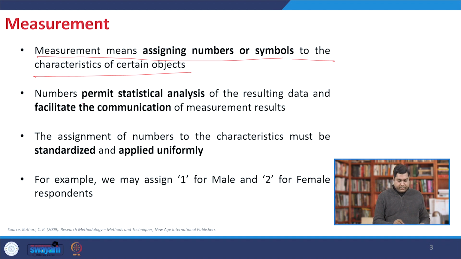Numbers permit statistical analysis of the resulting data that we collect through the survey and facilitate the communication of measurement results. The moment we measure it, say for example, if I want to measure the thermal comfort of any indoor space, humidity and temperature are different kinds of measurements that we take, and then we try to understand that this humidity, this temperature is going to give you some kind of comfort or discomfort.